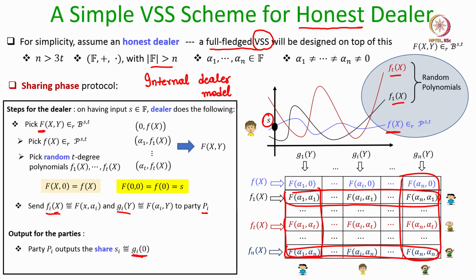Based on that information, party Pi can compute gi(y) and then evaluate it at y equal to 0, and that would be considered as the share for the ith party.